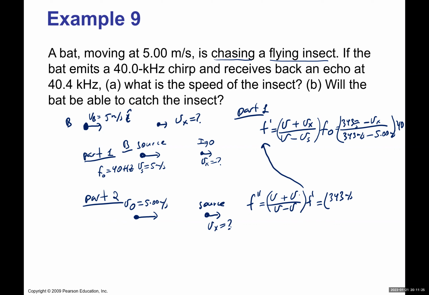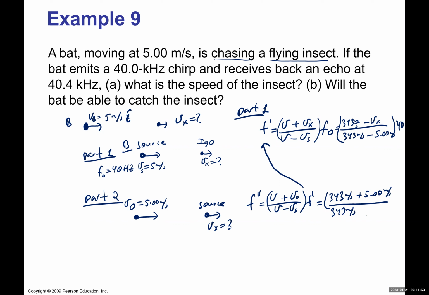My observer here is the bat, and the bat is moving toward the source, so it's plus 5 meters per second. Then this is over 343 meters per second minus vs.